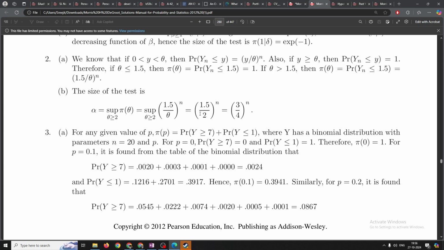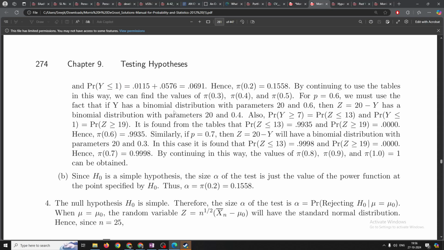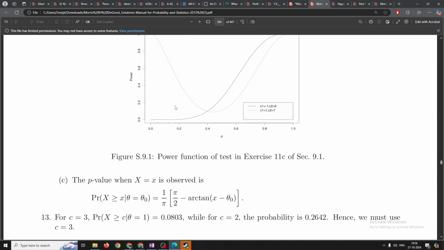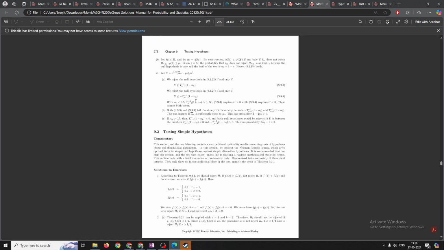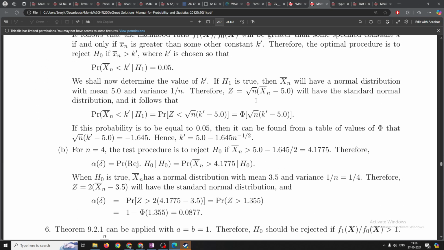आई माइट बी रॉन्ग. क्वेश्चन नंबर 5 किया ना अभी? हाँ. अच्छा, ये 9.1 है. 9.2 क्वेश्चन नंबर 5. Right, so they are using the z distribution.